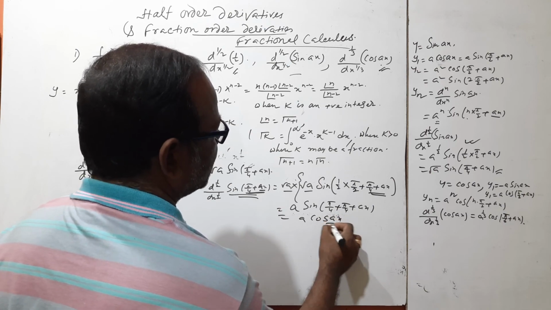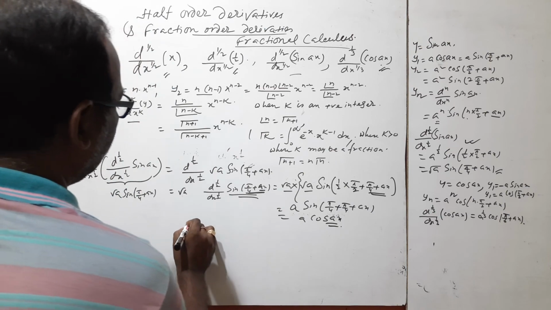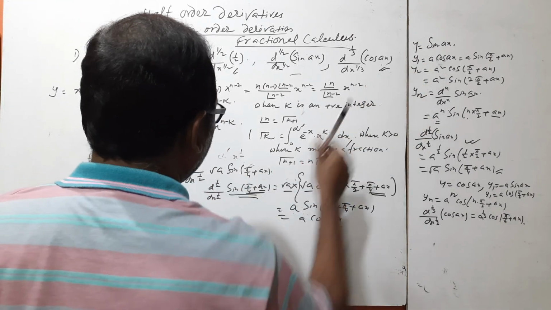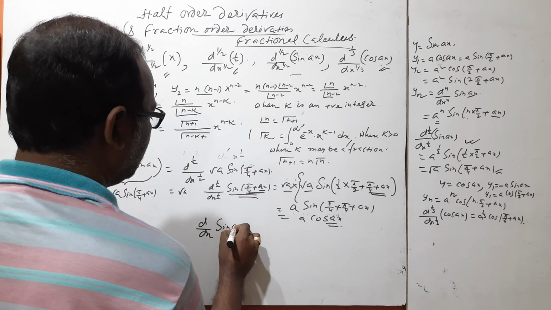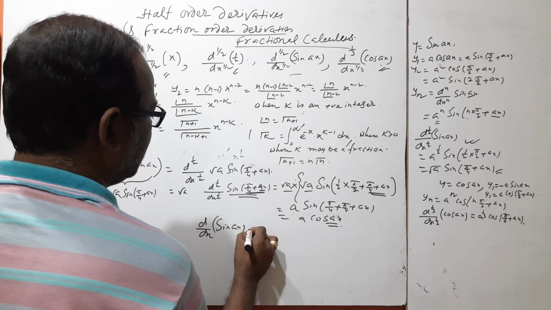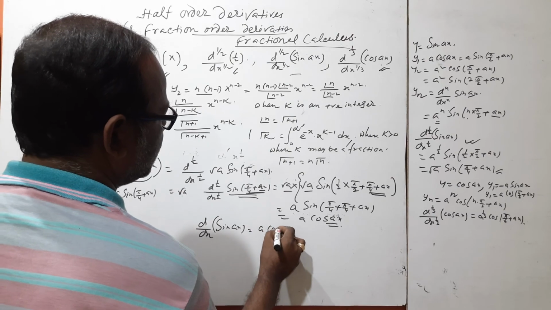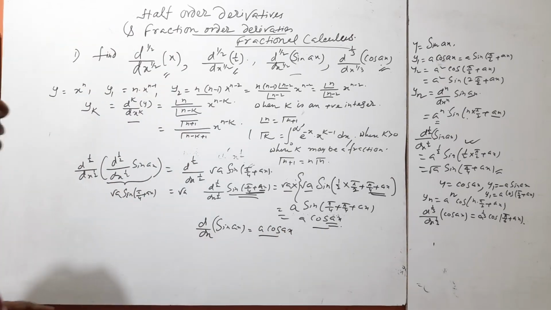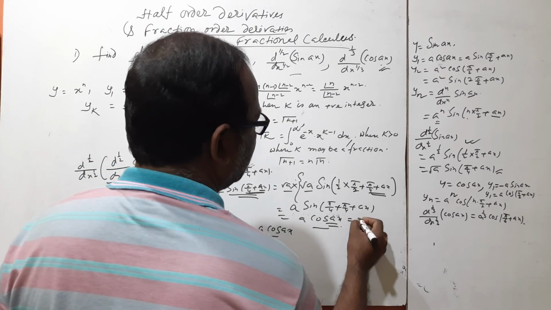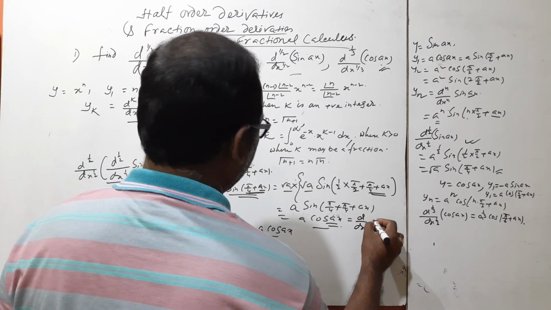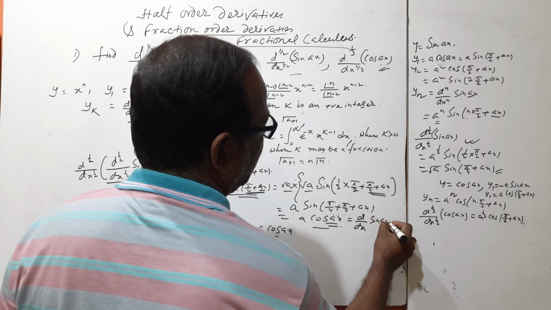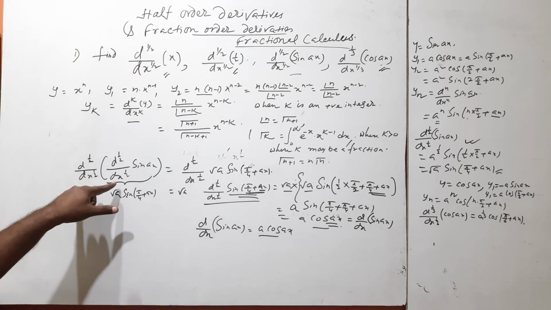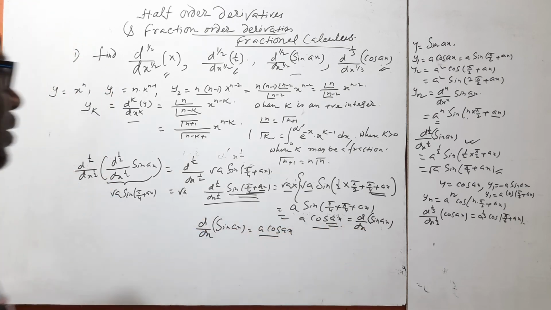So this is cos ax, so if now d/dx of sine ax, this is actually a cos ax. So it matches the answer of this theorem. So you can easily write d/dx of sine ax as equivalent. See, the fractional derivative of this to this.